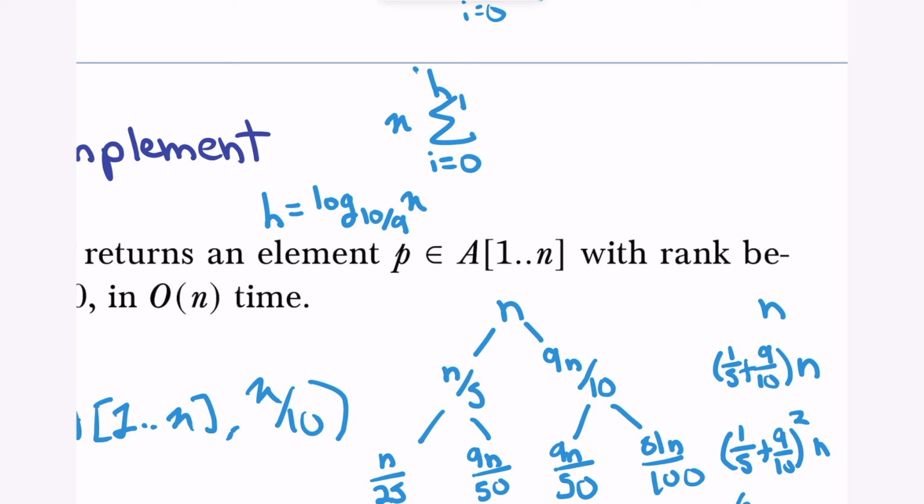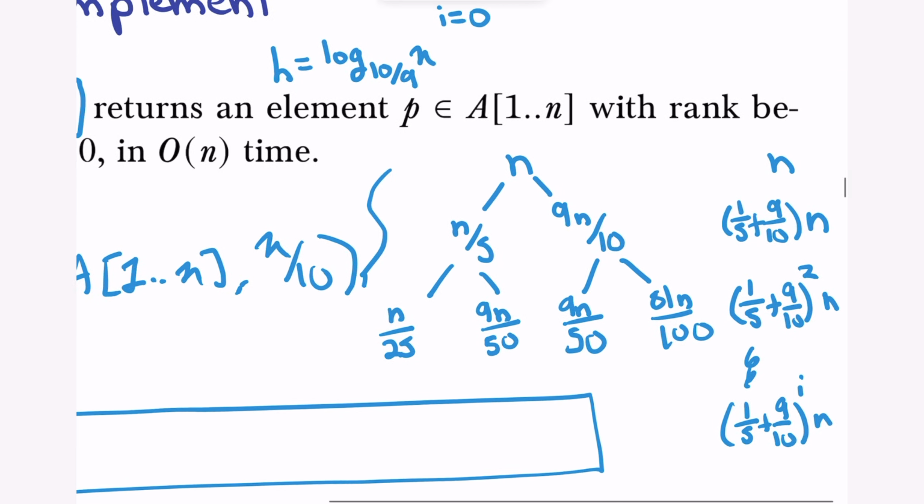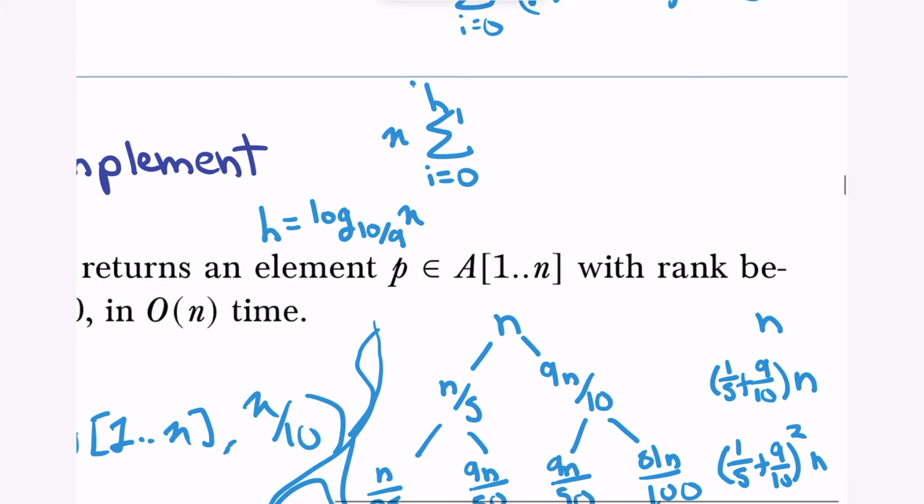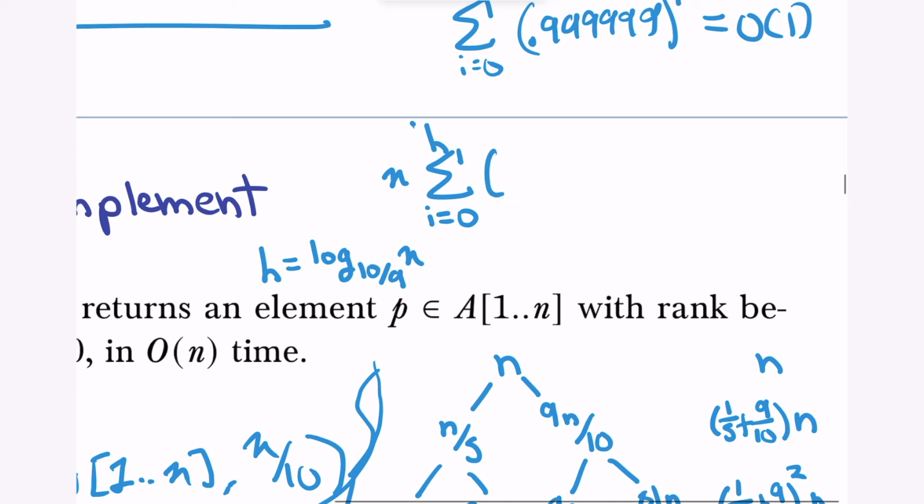That's the height of the tree. Okay. Sorry, I know it's a little chaotic. But ultimately you get this 11 over 10 to the i for every level, and there's h levels. Where h is going to be roughly log n, but it's really log base 10 over 9 or something. And each time the worst part of your tree is going down by a factor of 9/10.